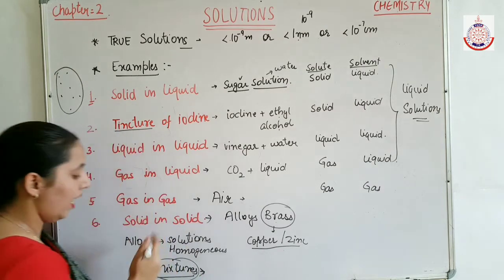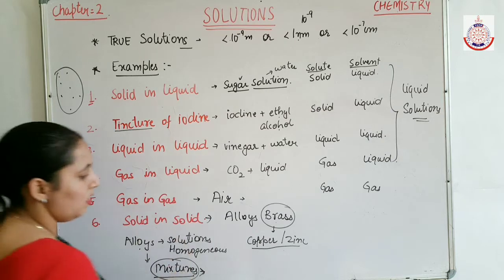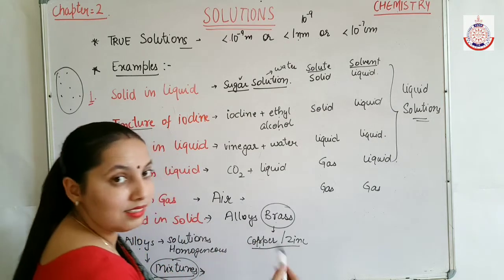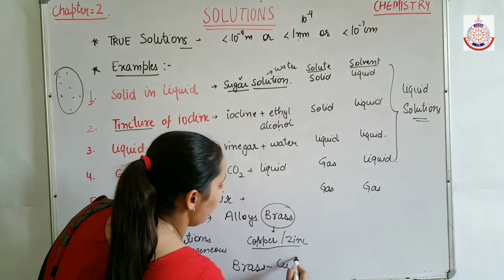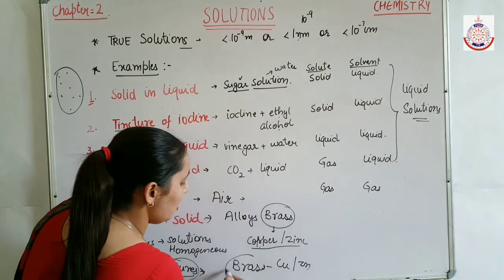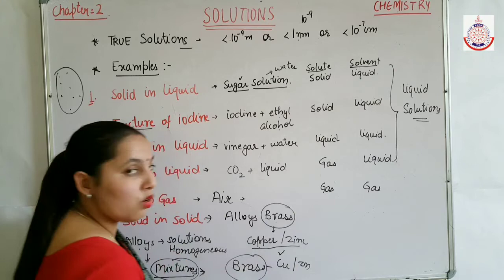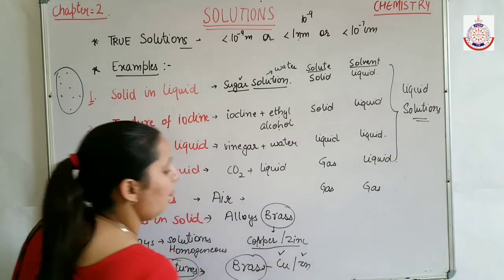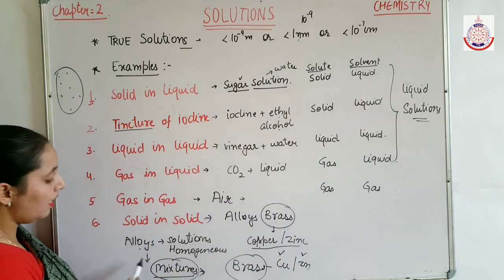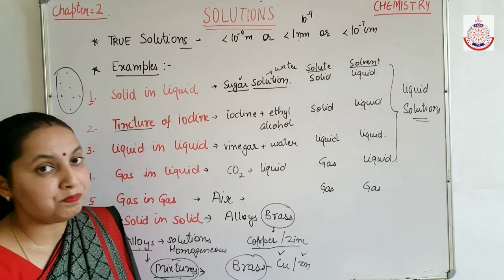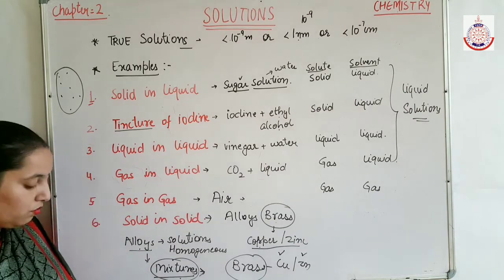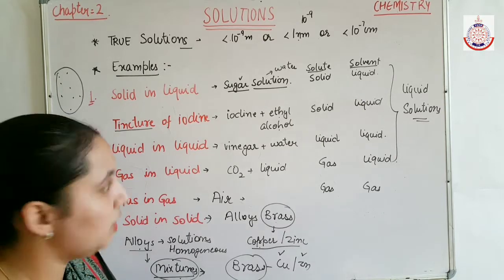So that is why alloys are also termed as mixtures. In the example of copper and zinc, in brass there is copper and also zinc. In the case of brass, copper will show its properties and zinc will also show its properties. That is why the alloy is termed as a mixture. Fine. Next we will do some more about the mixtures.